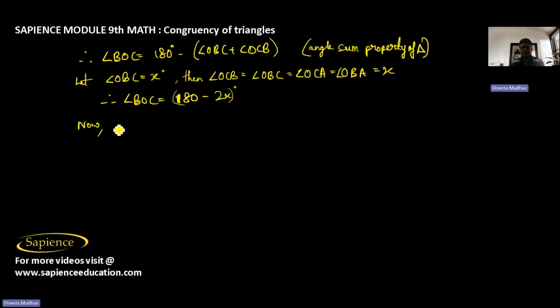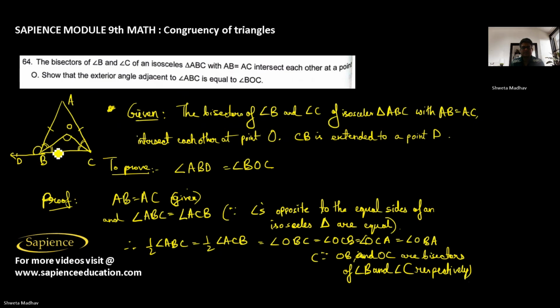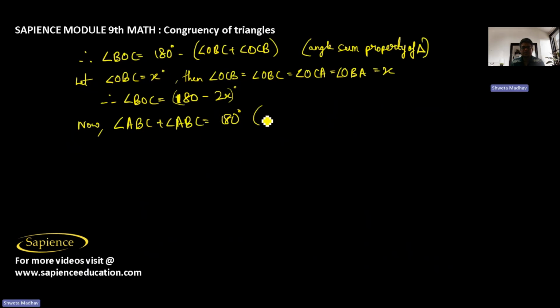And now you can say that angle ABC plus angle ABD is equal to 180 degrees, since it is forming a linear pair.